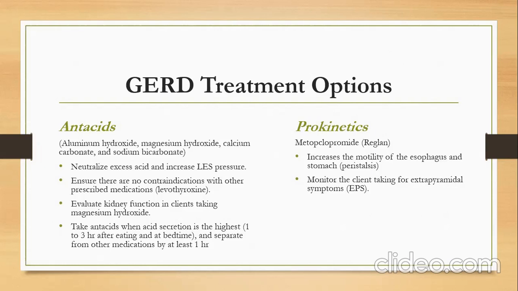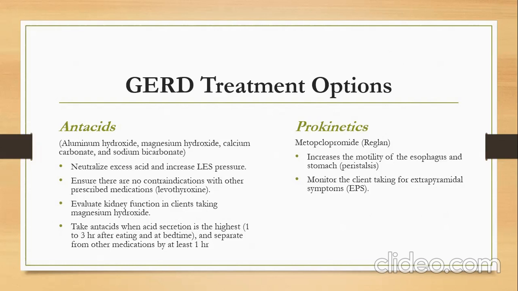We'll talk more about levothyroxine later, but ensure contraindications such as being on levothyroxine, also kidney failure when using anything with magnesium. Kidneys are the only way magnesium is excreted out of the body. So if you have kidney failure, you do not want to be giving these.